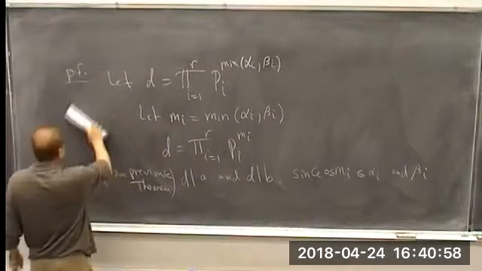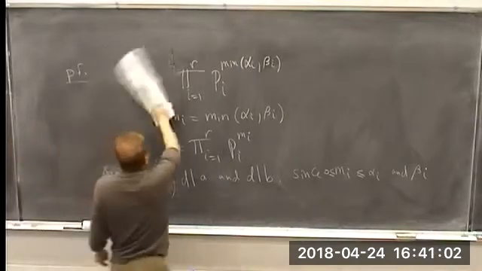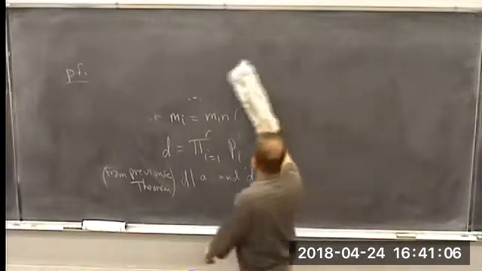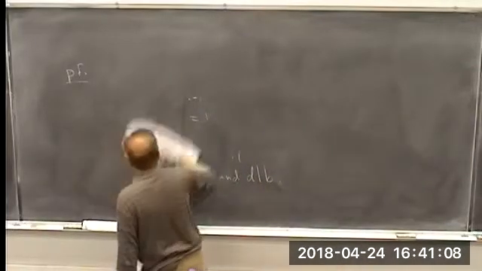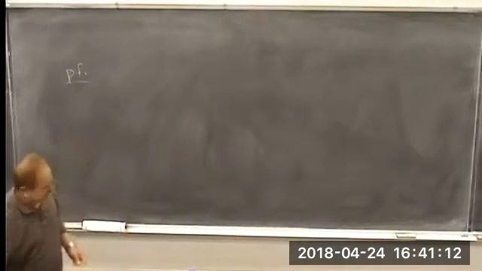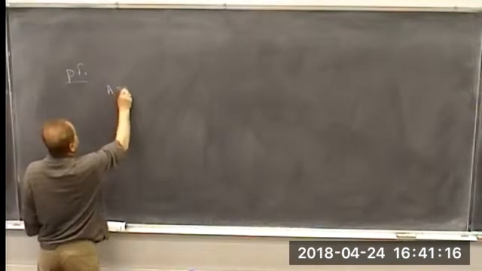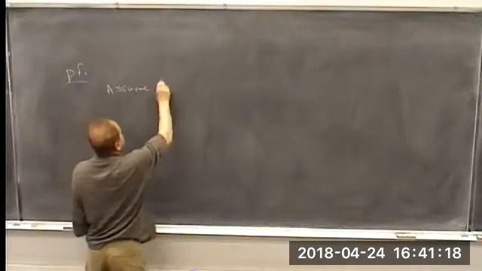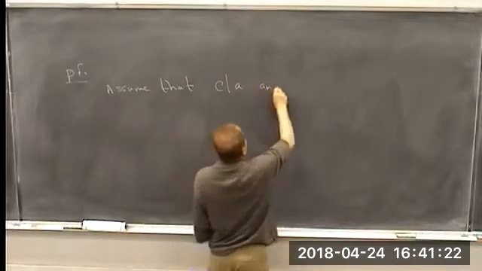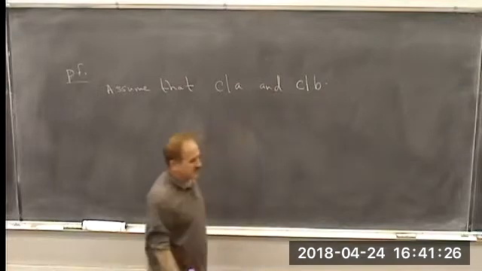All right, so let's go with that. Assume that C divides A and C divides B. Simply we are assuming that C is a common divisor.